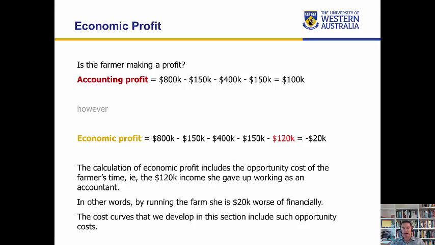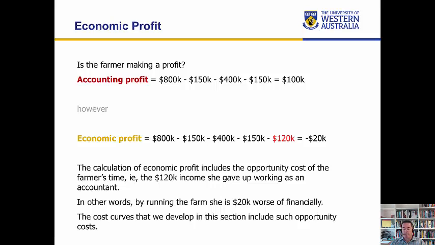So the concept of economic profit is really comparing the current employment with the next best alternative. So in a sense, it's comparing what is actually going on with the next best alternative. And if we were just looking at this farmer's options from a monetary sense, then it would make most sense for this farmer to actually go back to accounting, unless these numbers change in some way.